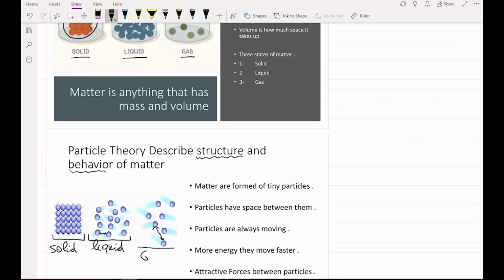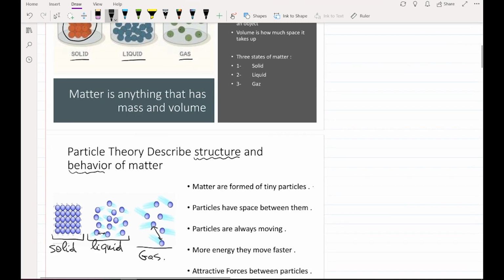The third one is gas. So, particles describe the structure of matter.